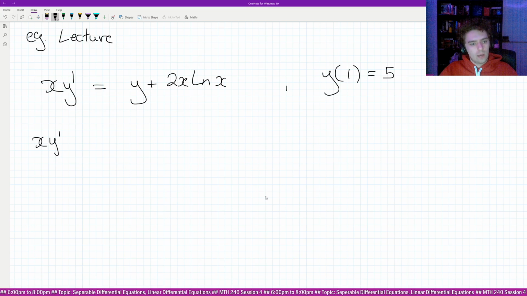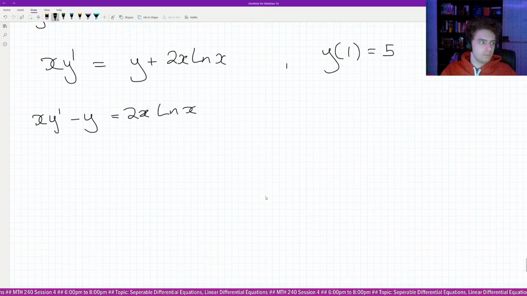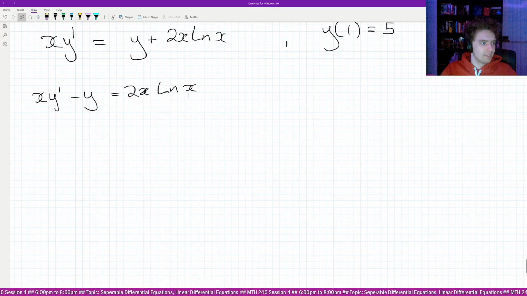So x y prime equals y plus 2x ln x; I always write an equals there for some reason. Negative y, not equals, minus y, equals 2x ln x. Oops, someone took a deep breath. Hopefully they can mute their microphone.